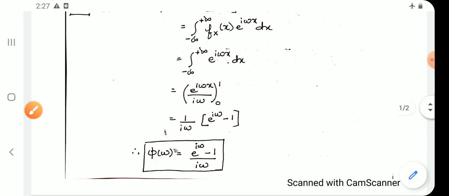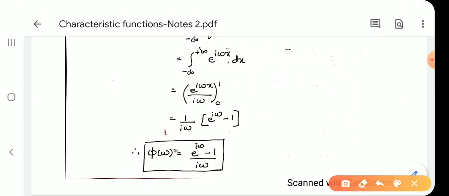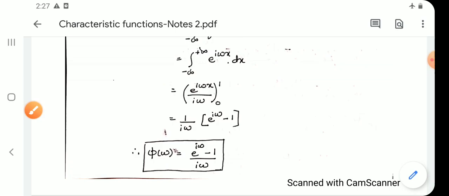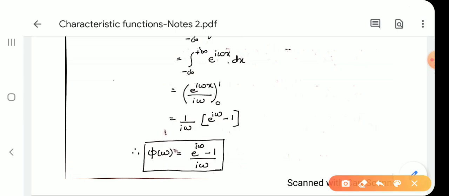On integration we get e power I omega x divided by I omega. Let us apply the limits 0 to 1. When we apply the limits 0 to 1, we get 1 by I omega into, when we put x equal to 1, e power I omega.